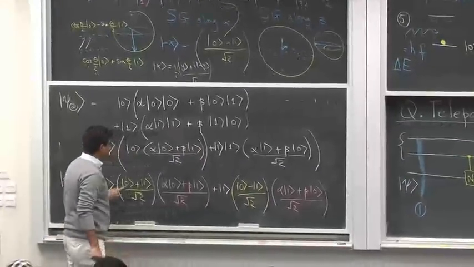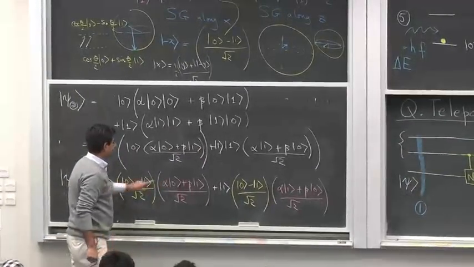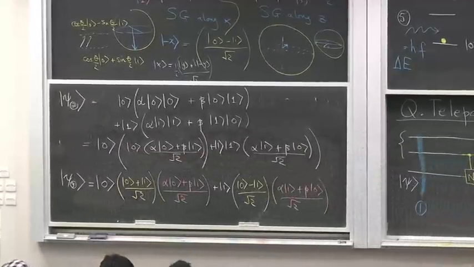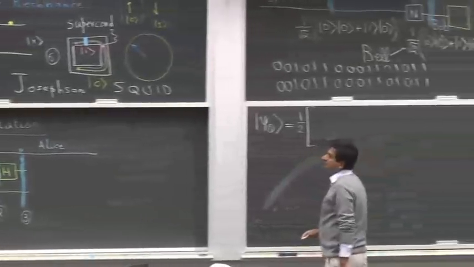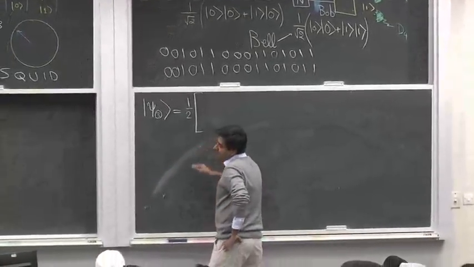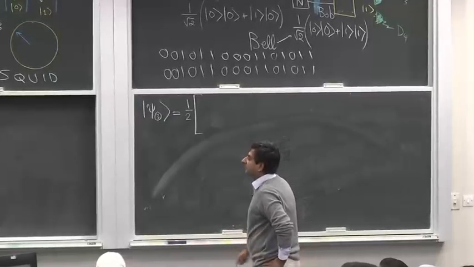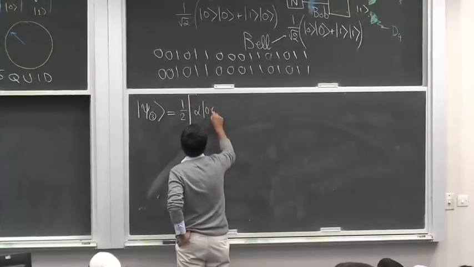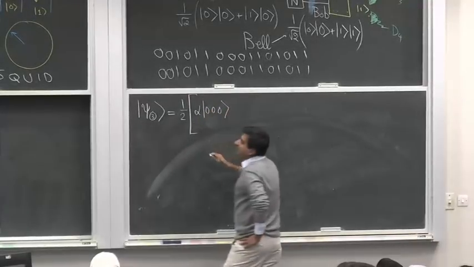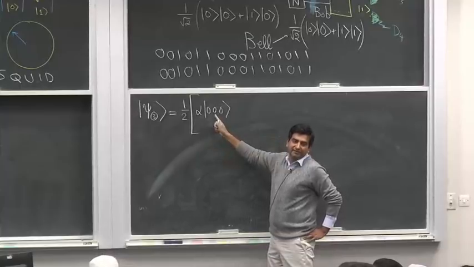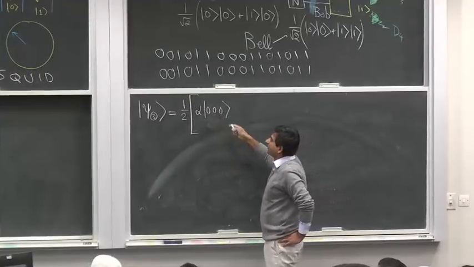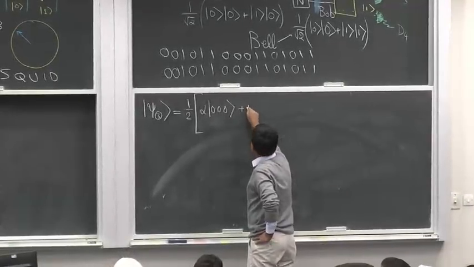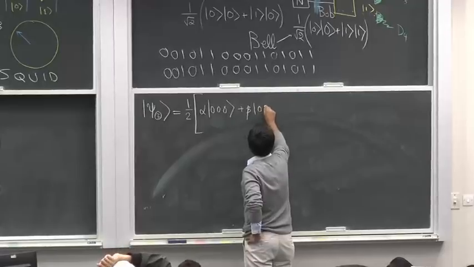So this is 0, 0, 0, 0, 0, 1, 0, 1. So instead of writing three kets, I'm putting one ket just for convenience. 0, 0, 0 plus coefficient beta, 0, 0, 1.